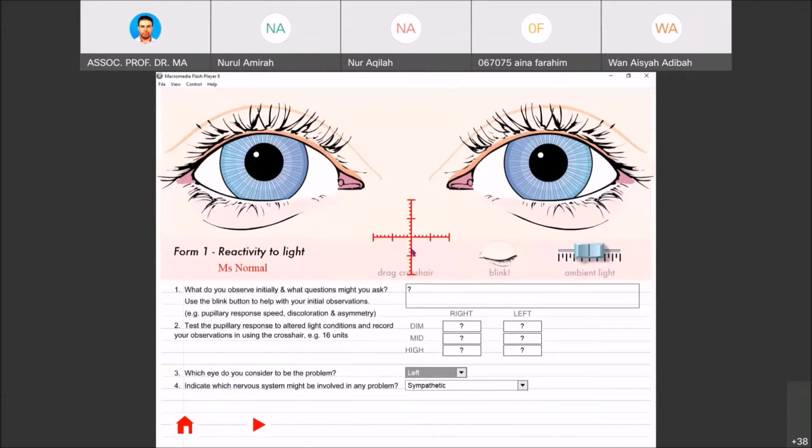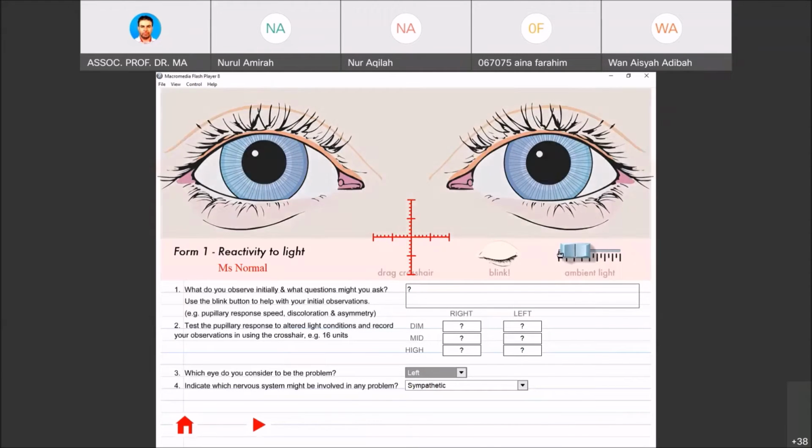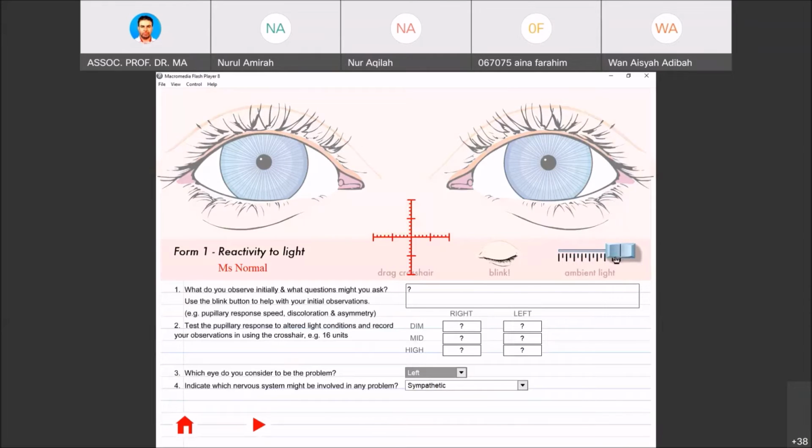The sympathetic supplies norepinephrine, a neurotransmitter, to the alpha 1 receptor on the radial muscle of the eye. That's why it causes pupillary dilation. The radial muscle causes pupillary dilation, while the cholinergic innervation to the eye causes miosis or pupillary constriction by acetylcholine on the circular muscle of the eye.